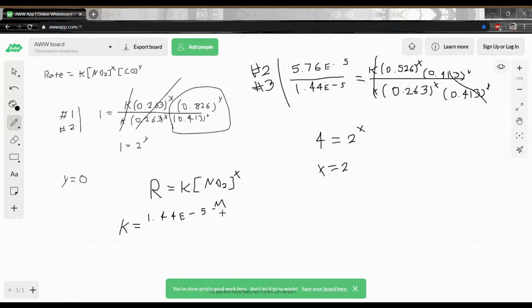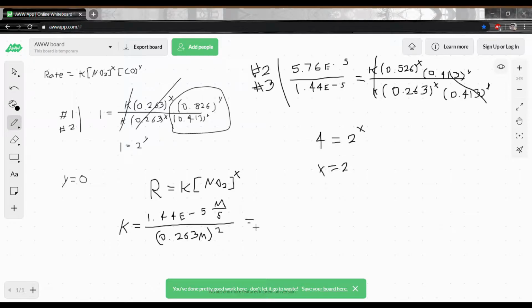Now our units are important to us. This is going to be molarity per second. Want to make sure we get these units written down because it could trip us up if we don't. And we're going to divide it by the concentration of NO2, 0.263 M. This quantity is squared.